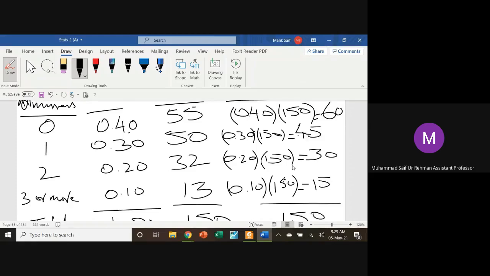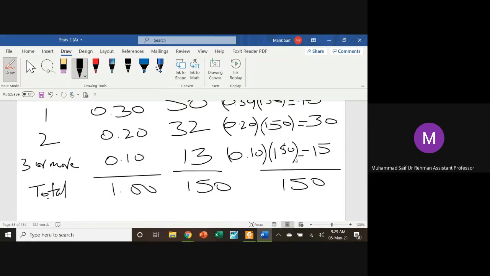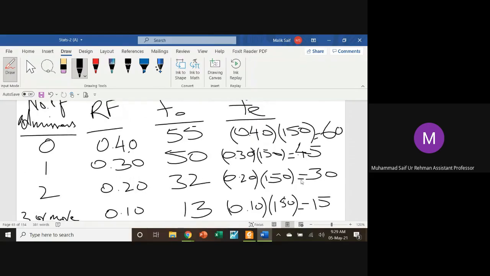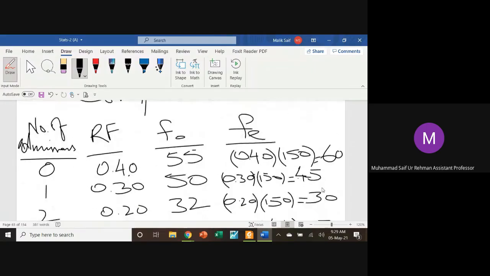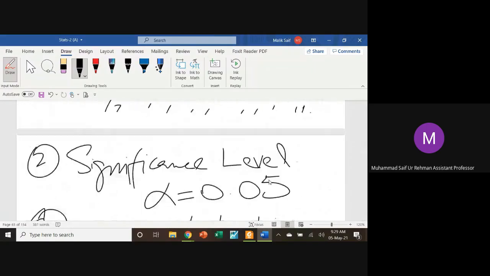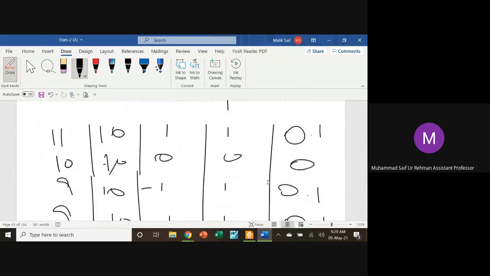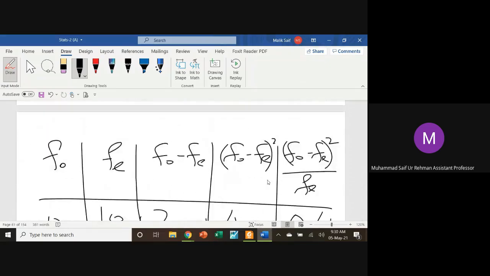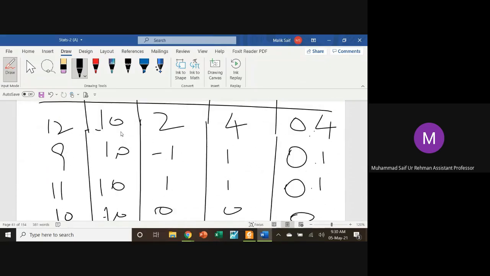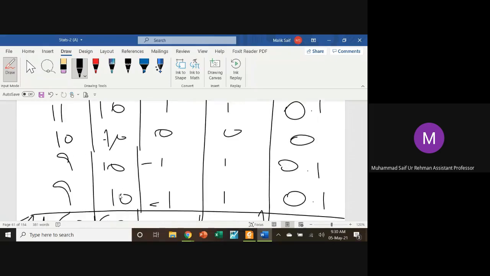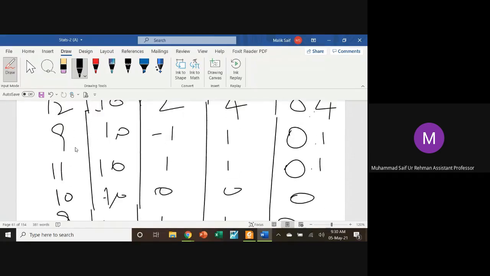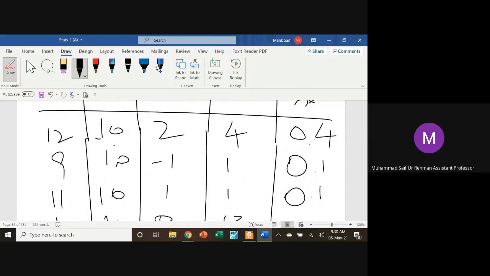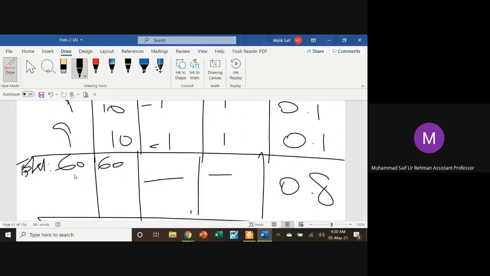So the issue is that you have to find out these frequencies. Previously, these were equal, and you simply divided the total by the number of categories, and you found the same value over here, as you see in the previous case. Expected frequency: 10, 10, 10. One, two, three, four, five, six categories were there, and in total, the answer was 60.